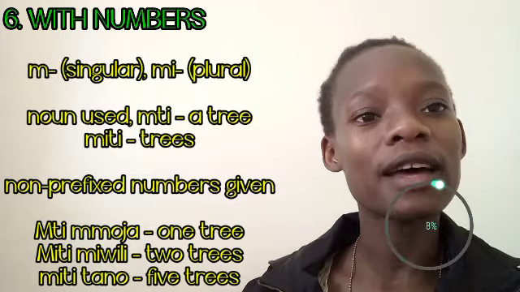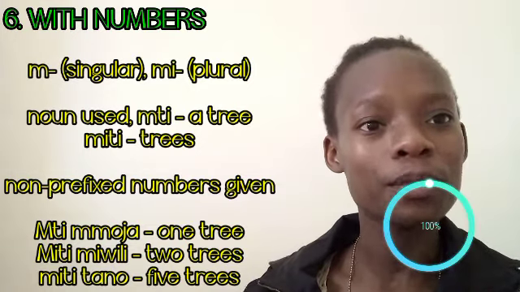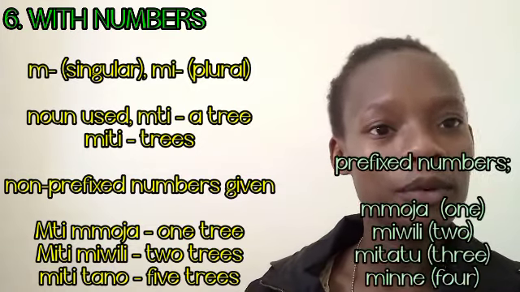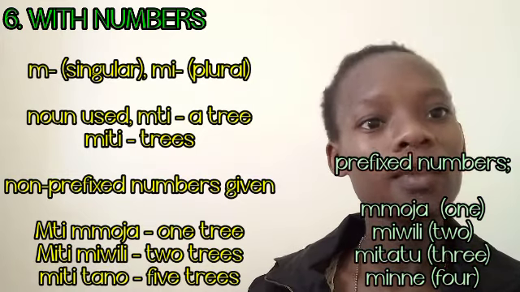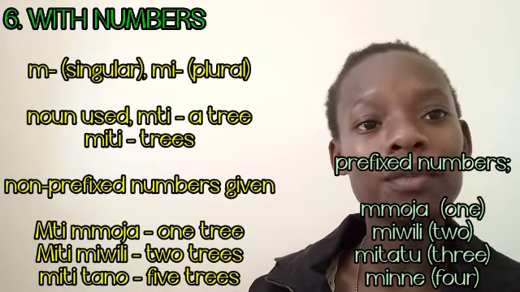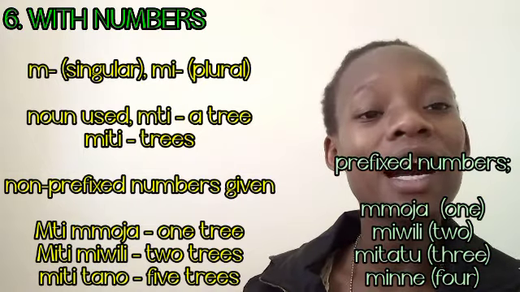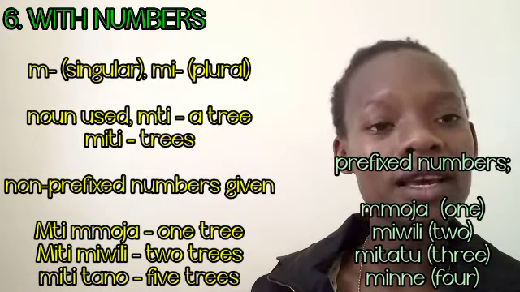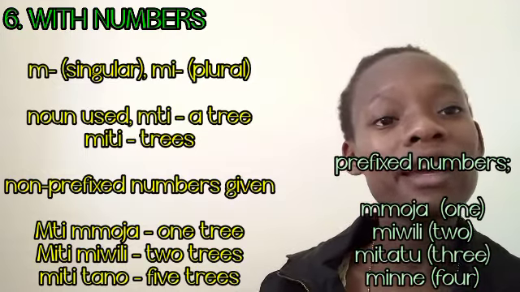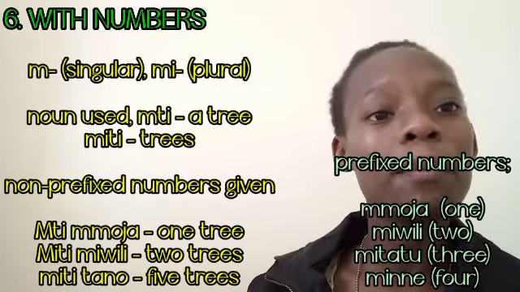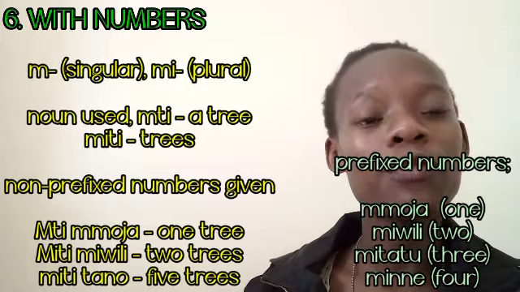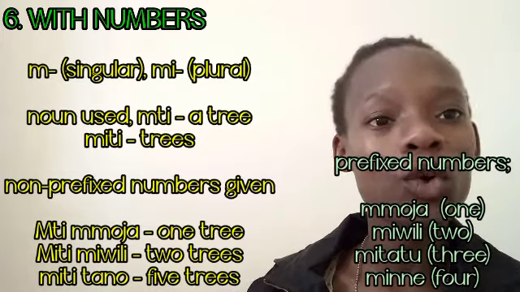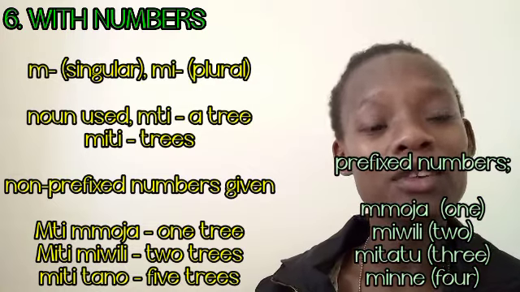So which numbers are prefixed and which ones are not? Let's see by examples. Mti moja, so 1 is prefixed. Miti miwili, 2 is prefixed. Miti mitatu, 3 is prefixed. Miti minne, 4 is prefixed. Miti mitano, 5 you can say miti mitano or miti tano, so you can either prefix or not.